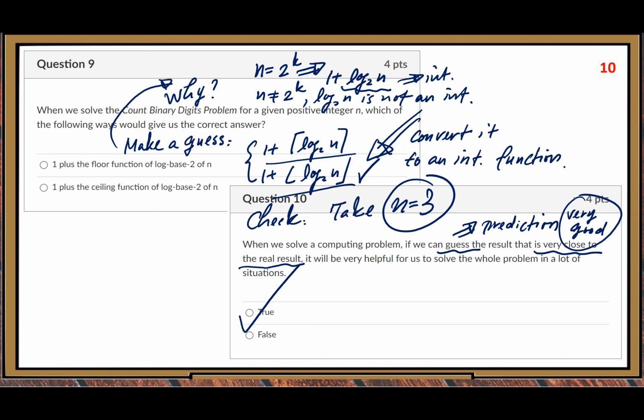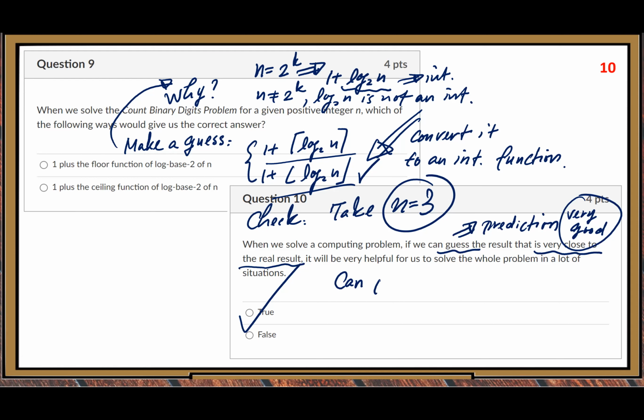Then you can apply many tools to verify if your prediction is correct or not. So we can apply here one way. We use this way a lot.